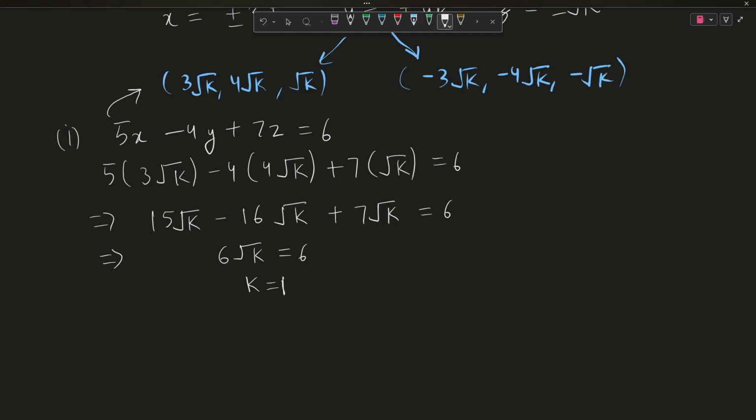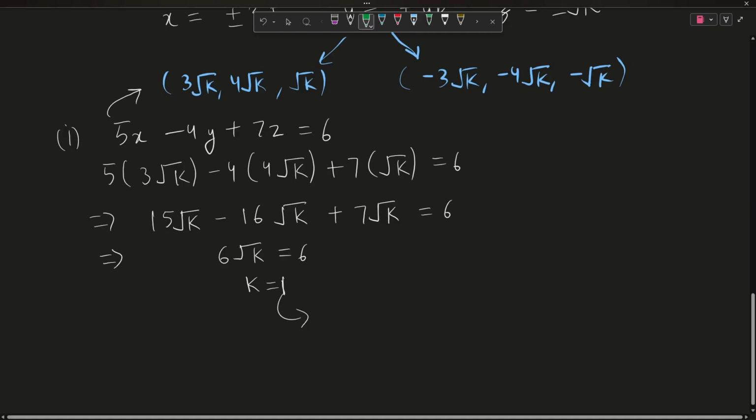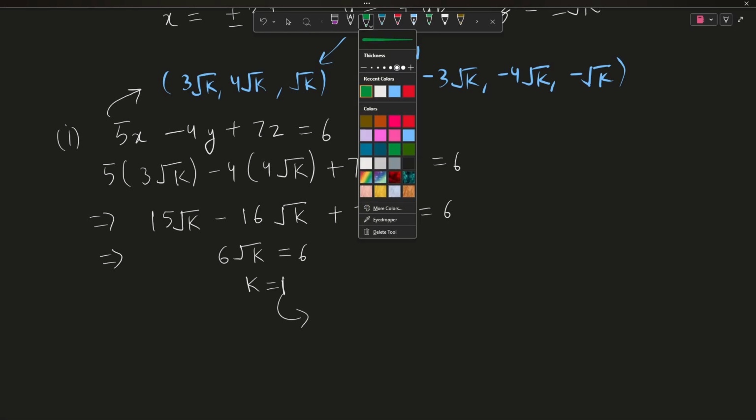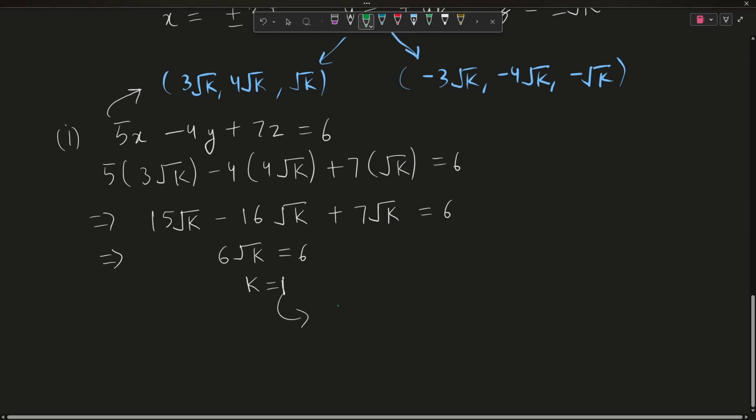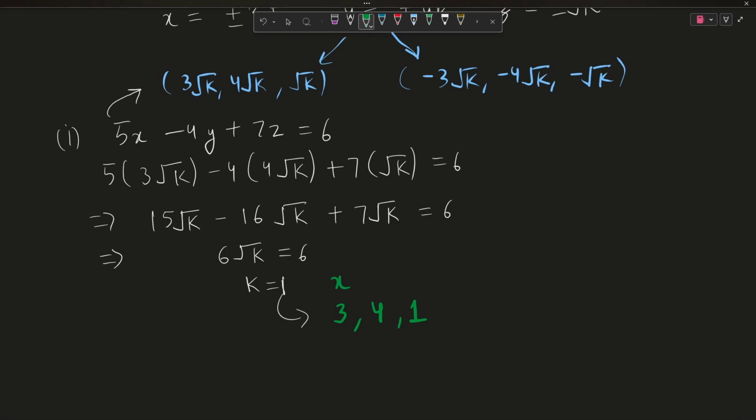If the k value comes as 1, then the solution for x, y, and z will be 3 into 1, which is 3, 4 into 1, which is 4, and 1 as well.